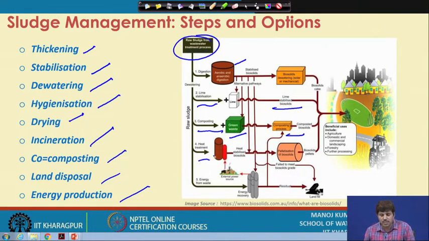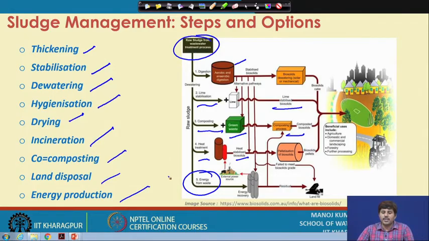We can go for heat treatment, where the sludge is heated up and the heat stabilizes a variety of the biosolids, and then we can take it to the next step. Or there is the option of generating energy from the sludge, where we can do energy recovery by several means.